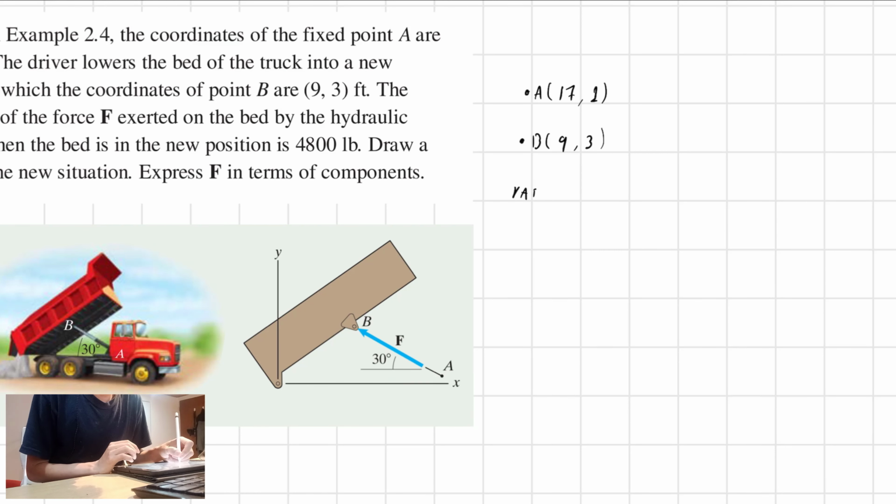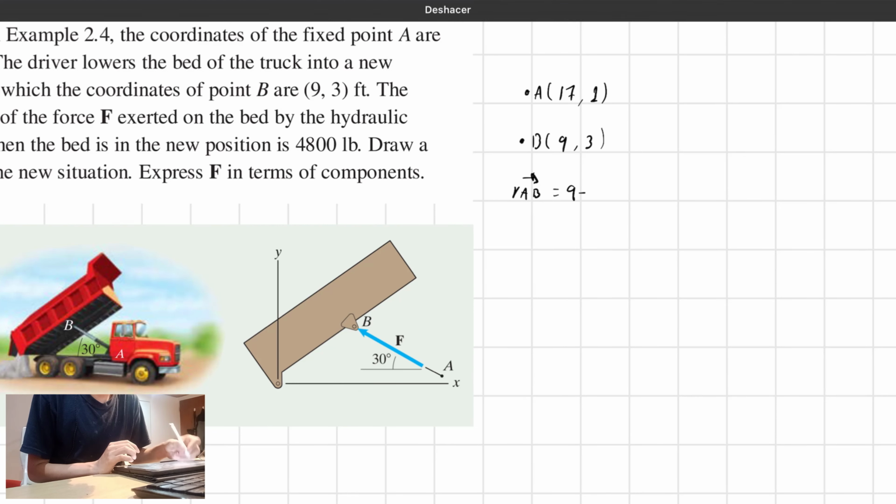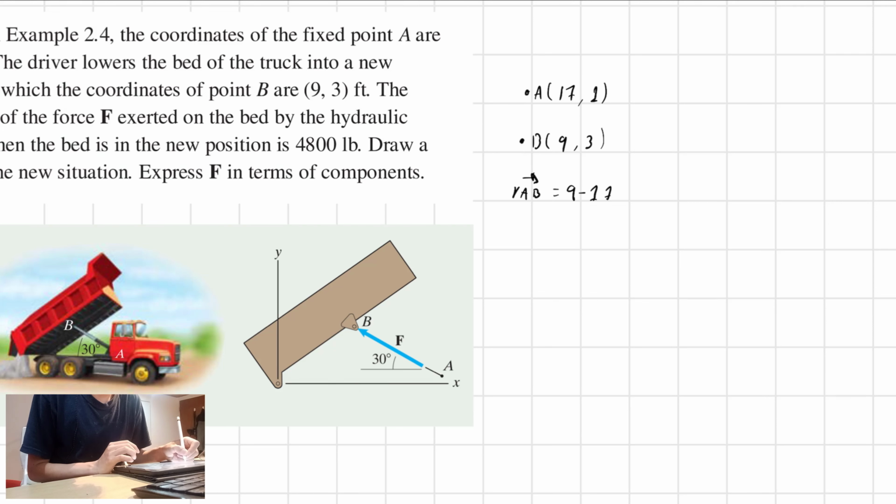Now, how is that? The vector is going to be equal to 9 minus 17 in the x direction, that means the i direction, plus 3 minus 1 in the j direction.